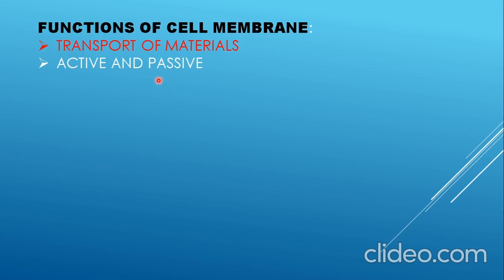But sometimes the cell needs to move substances against the gradient. That means it has to move from low concentration to high concentration. In such cases, there will be utilization of energy by the proteins, the channel proteins, the transport proteins.